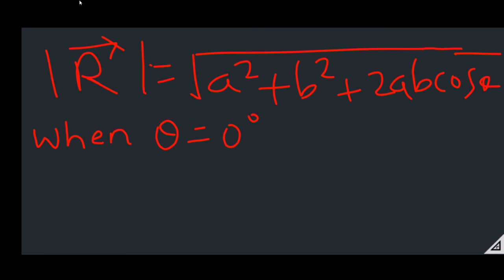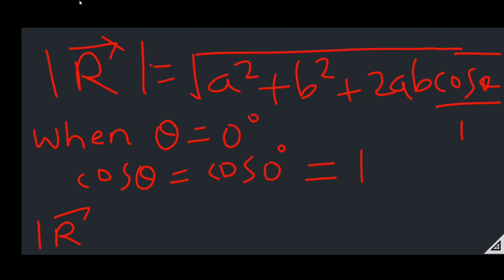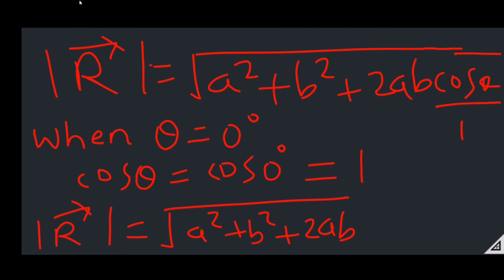Then when theta equals 0 degree, the value of cos theta equals cos 0 degree, and the value of cos 0 degree is 1. So this whole part becomes 1. Then the resultant R vector is root under a square plus b square plus 2ab, and a square plus 2ab plus b square is a plus b whole square.